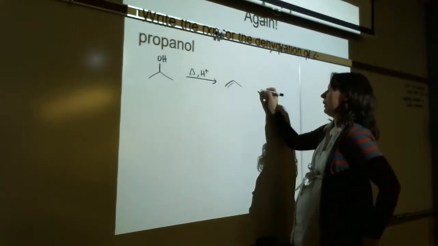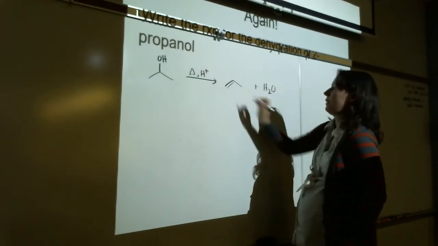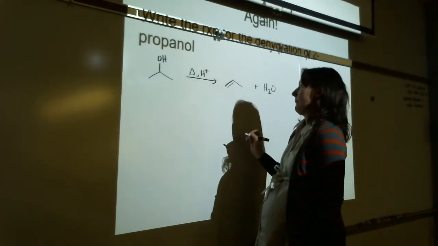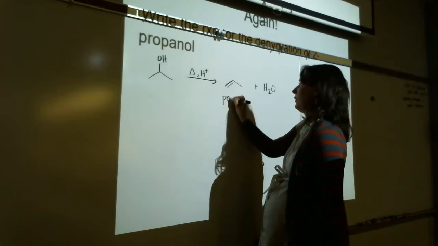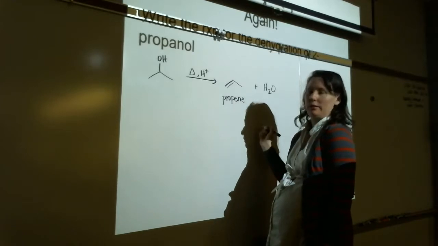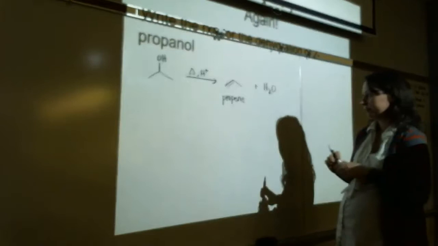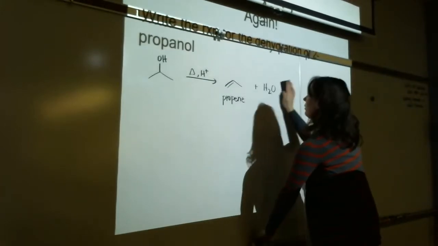And then what's our other product? H2O. And what's the name of this? It's just propene, right? Is a 1 necessary? No, because there's only one place a double bond could be if there are 3 carbons in the chain. Good. All right, let's do another one.